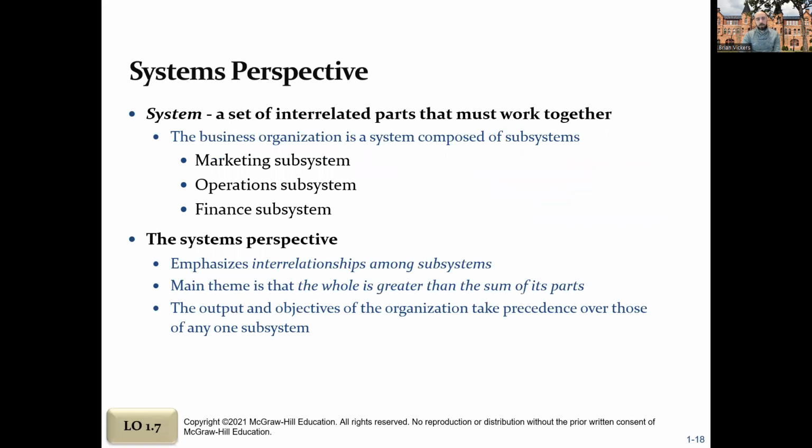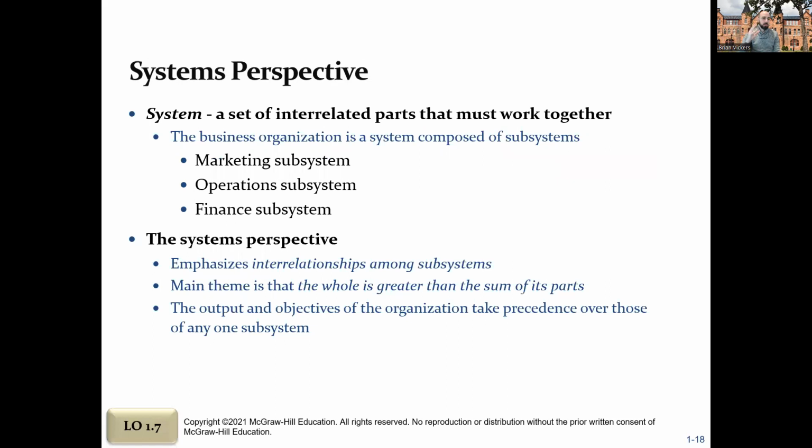We talked about how the marketing, operations, and finance teams are all interrelated. This is important when it comes to the theory of the systems approach. The idea that in an organization, you've got various subsystems, and that the whole is greater than the sum of its parts, right?